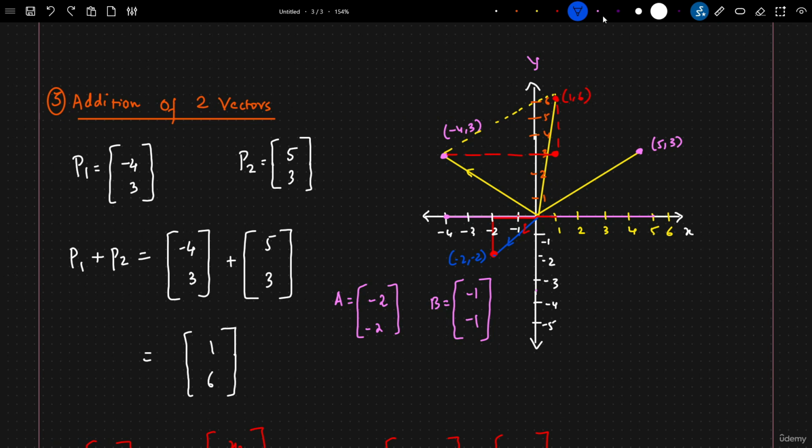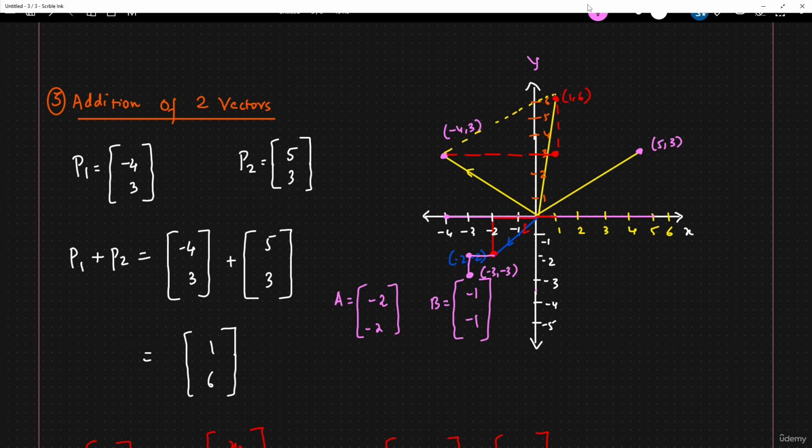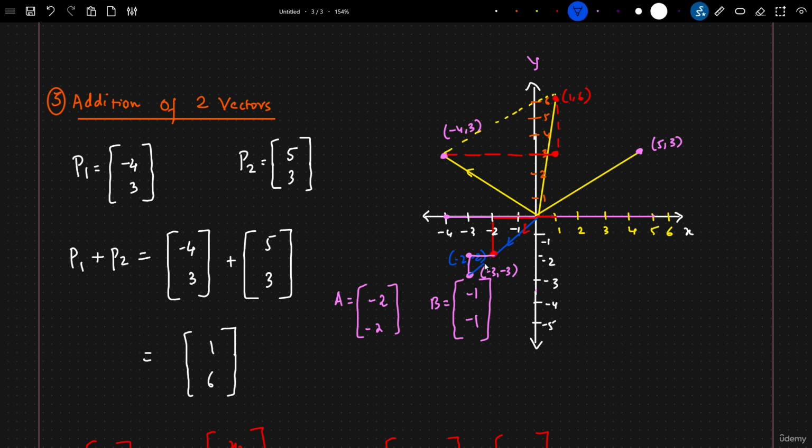On top of this, if I add minus 1, it is going to go to minus 3 in the x-axis, because minus 2 minus 1 is minus 3. Then similarly in the y-axis I have to go towards minus 3. So this will be my new position, where my value will be minus 3 comma minus 3, right? And this is my vector that you will be able to see for this line in this particular direction.